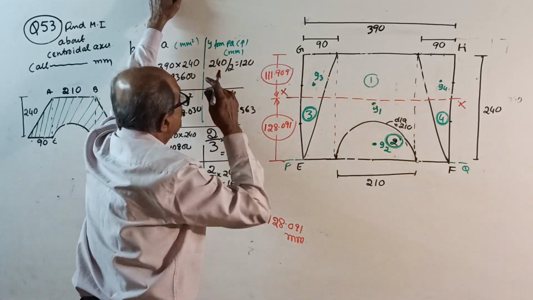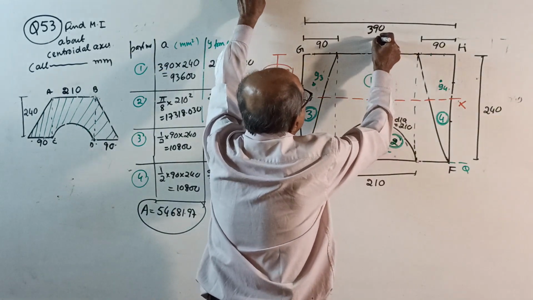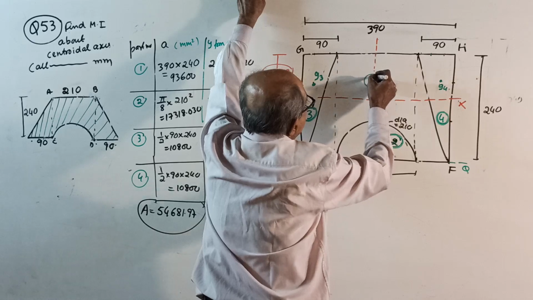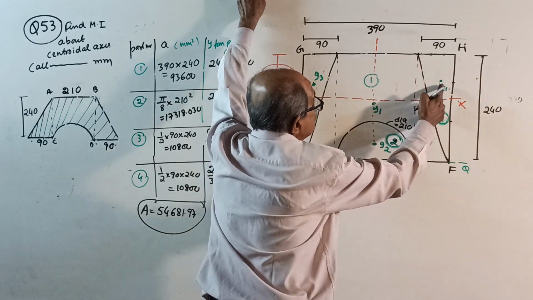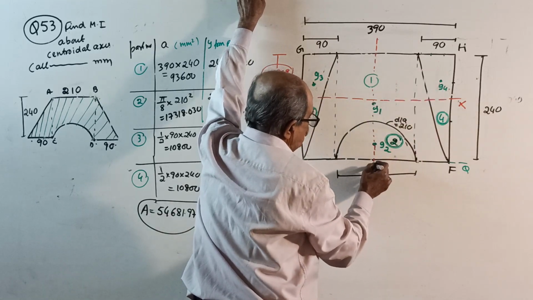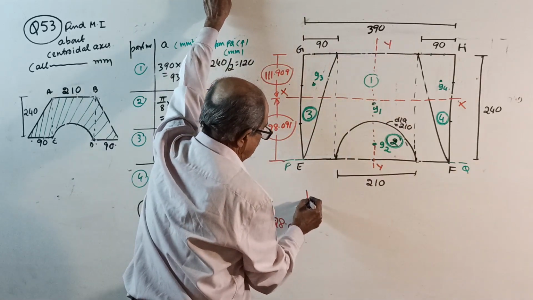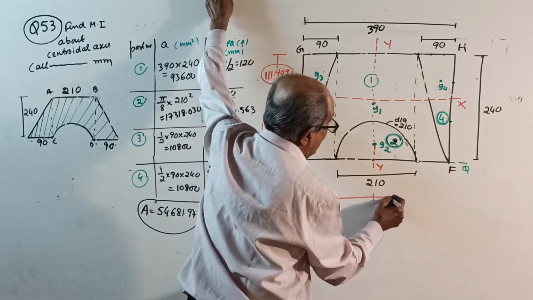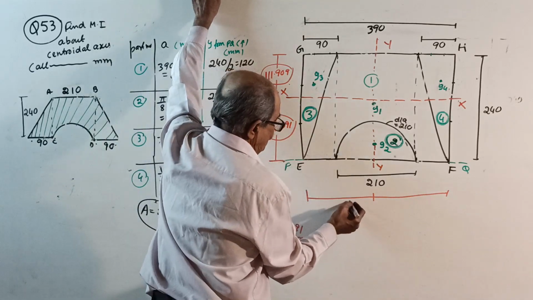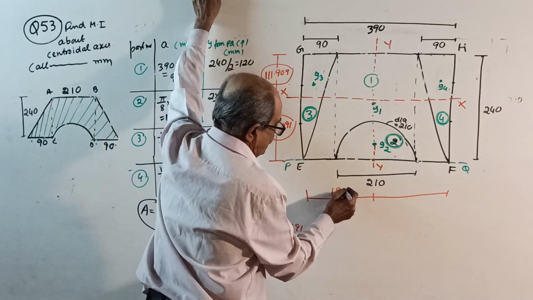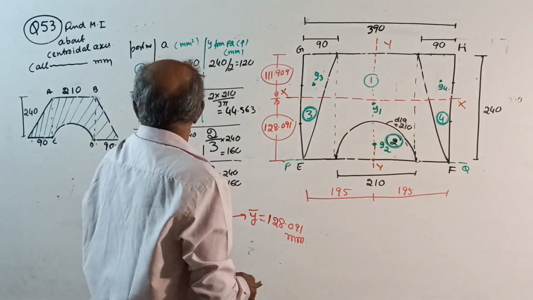Then mark the YY axis directly, passing through the symmetry: centroid of 1 and also centroid of 2, but not centroid of 3 and 4. I told you already last time, there is a chance of mistake. Mark YY somewhere here. This distance and this distance are both, as I told you, 390 total, meaning 195, 195. This is the YY axis. Now everything is over.